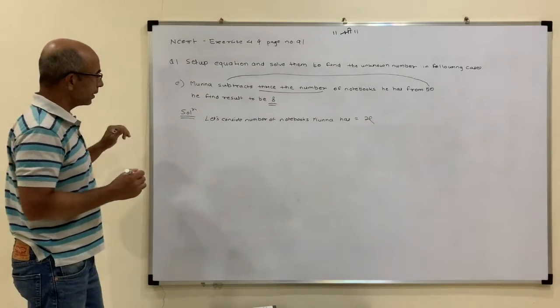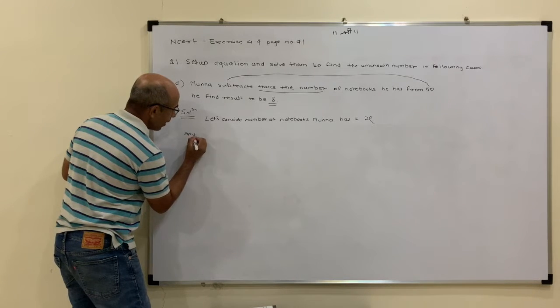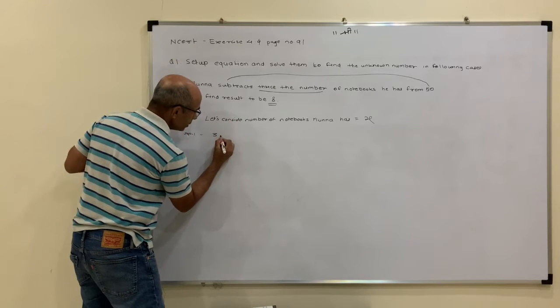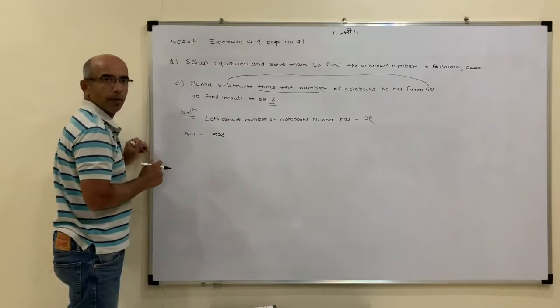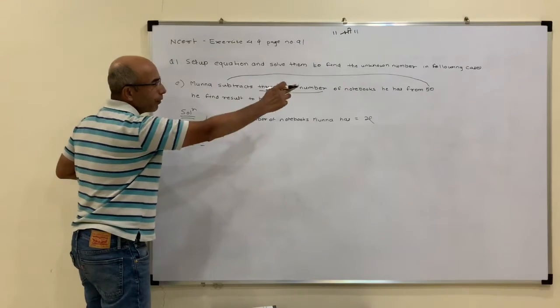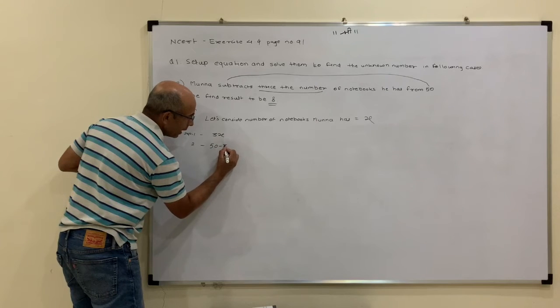So while constructing the equation, my first step will be, step 1 is thrice the number. So thrice the number. My step 2 is subtract from 50. So 50 minus 3x.